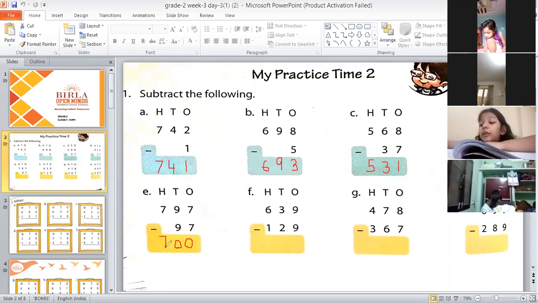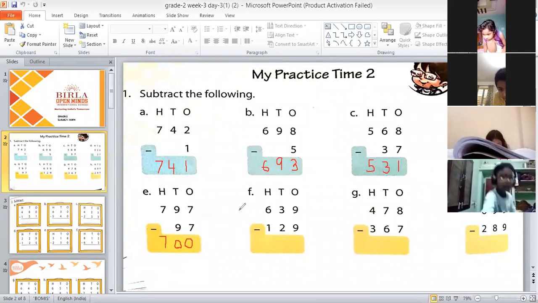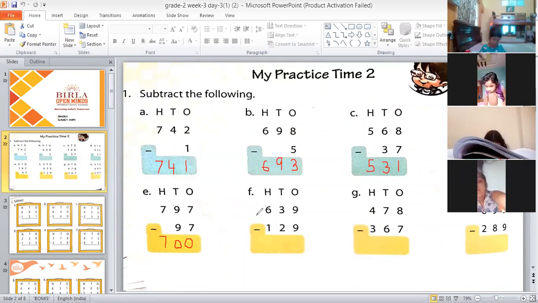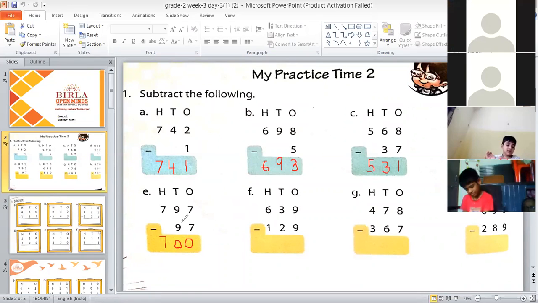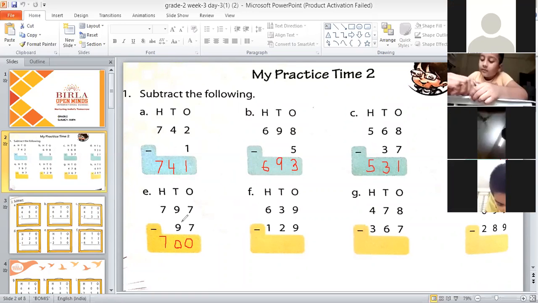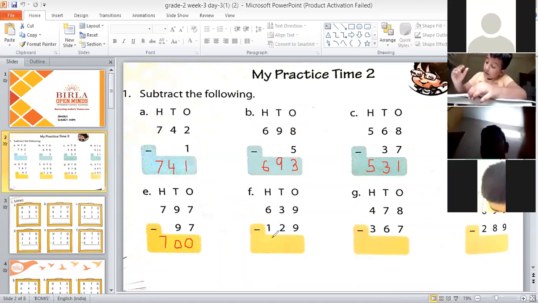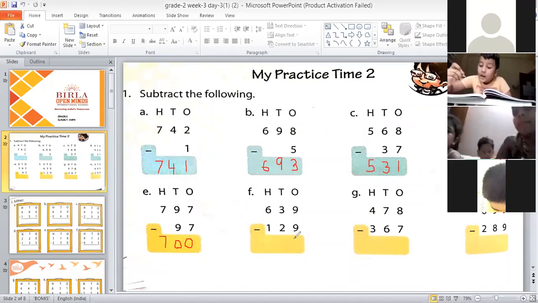Now, bit F. Shrehan, you tell me answer for bit F. Read that question first. 630. Ma'am, first read question. Yes, Shrehan, I'm waiting. 639. 639, yes. Then minus 129. Okay, now, very good.